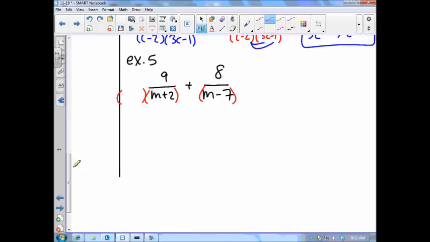Just negative 7? And minus 7. We need the whole binomial times the two denominators together, right? And notice I put parentheses so that the whole quantity is being multiplied by 9.